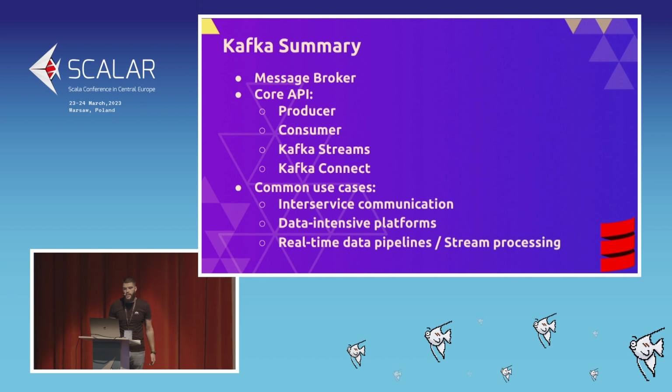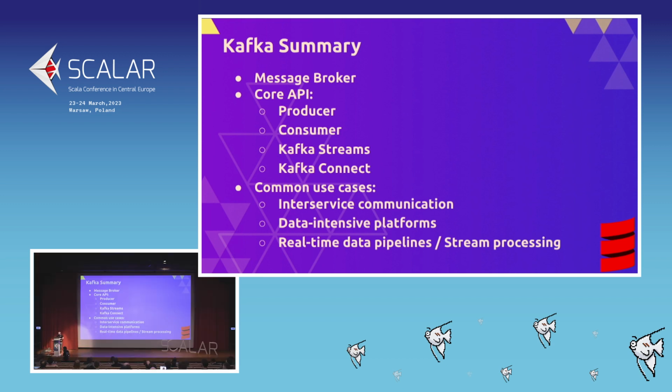So let's summarize what we have learned about Apache Kafka. Its core API consists of a producer and consumer API, and we talked about them. But it also has Kafka Streams and Kafka Connect APIs, which are a bit more high level, and they're built on top of producer and consumer API, but they are out of scope for this presentation.